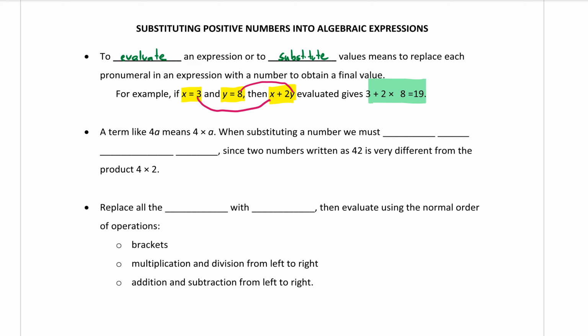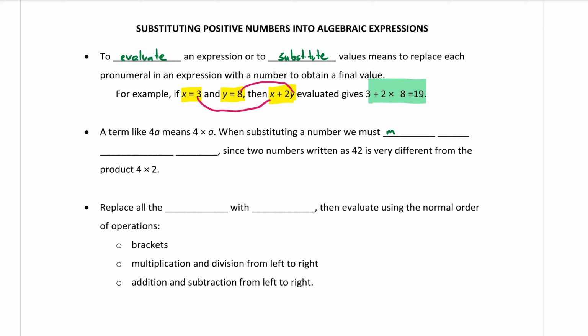Okay, let's keep going. A term like 4a means 4 times a. When substituting a number, we must include the multiplication sign, which is what we just did in that last question. So that's a little reminder for us.